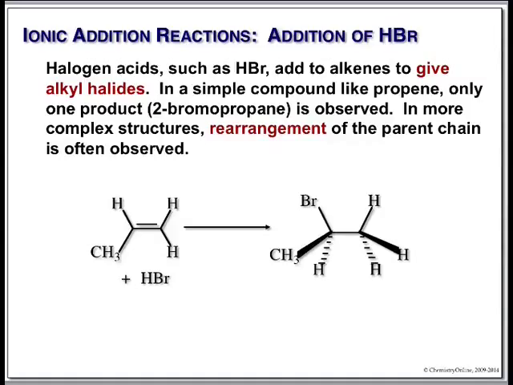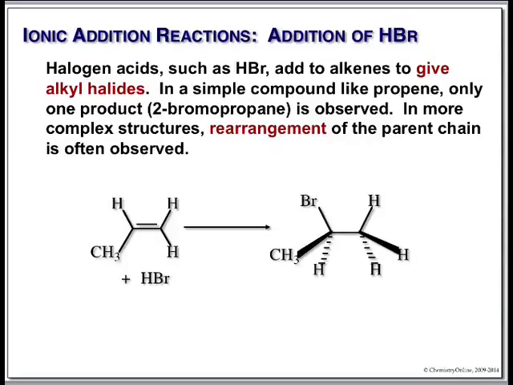What we're doing is basically taking an alkene, reacting it with HBr. When we do this, we add the hydrogen to one carbon and the bromine to the other. It's a very simple addition reaction. On the slide here, it says rearrangement is often observed. Now, we haven't talked a lot about rearrangements yet. We'll address those more as we go forward in the course.